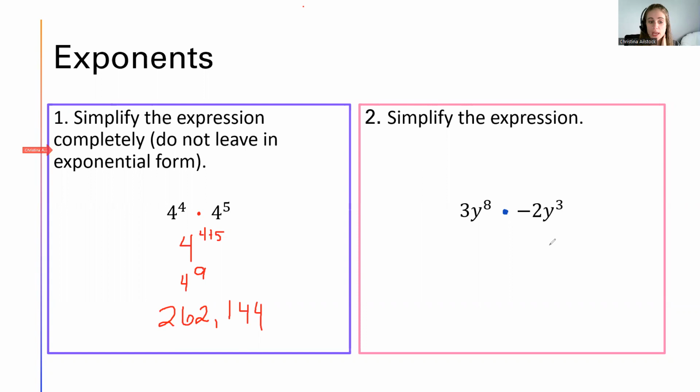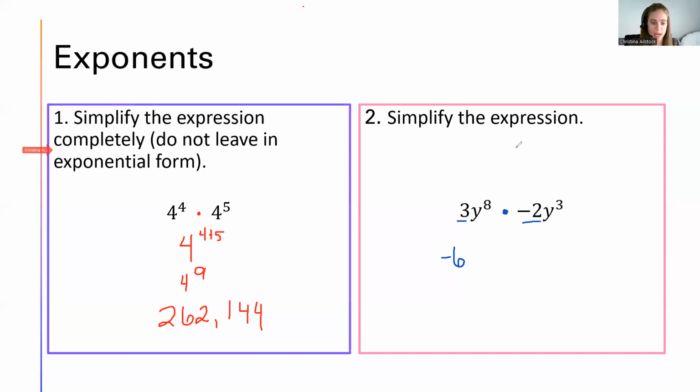We have both a mixture of coefficients, so our 3 and our negative 2, and we have a power, and in this case, our power is a variable. So when this happens, when you have two coefficients that don't have an exponent greater than 1, our 3 and our negative 2, we can just multiply those like normal. So 3 times negative 2 would be negative 6.